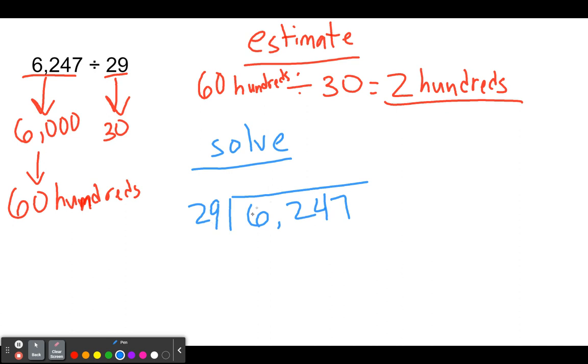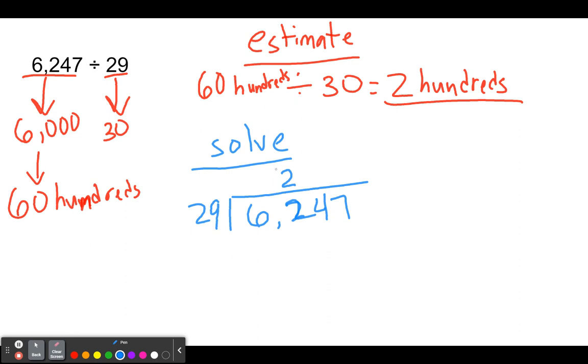So I'm going to put down a 2 over here because we're going to have 200s. If I take 62, we're looking at our 62 hundreds. 62 divided by 29 can be divided about 2 times, right? So now we have to multiply.